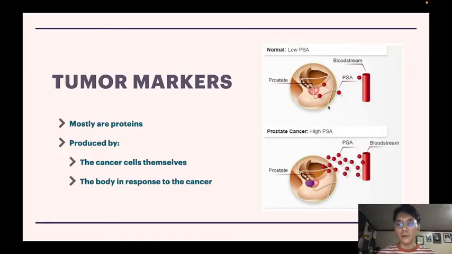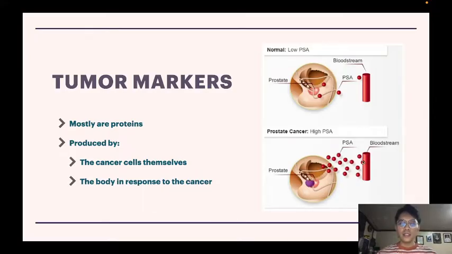So ito, 'di ba, the prostate, ito yung prostate. So when there is the normal prostate, it will only secrete small amounts of PSA. So small amounts lang of PSA into the blood. Pero when there is prostatic cancer, prostatic carcinoma, there will be an increase in the PSA produced by the prostate.